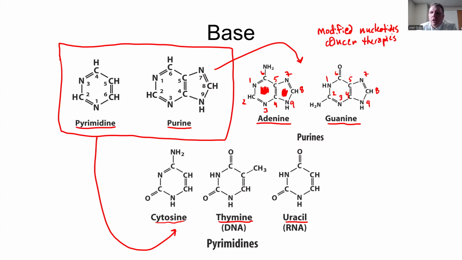The reason they're used is, let's say, and I can't think of a specific one, that we add a methyl group onto this nitrogen here, this nitrogen in position 7. Well, these modified nucleotides are regularly used as cancer therapies because they can block the cell cycle.